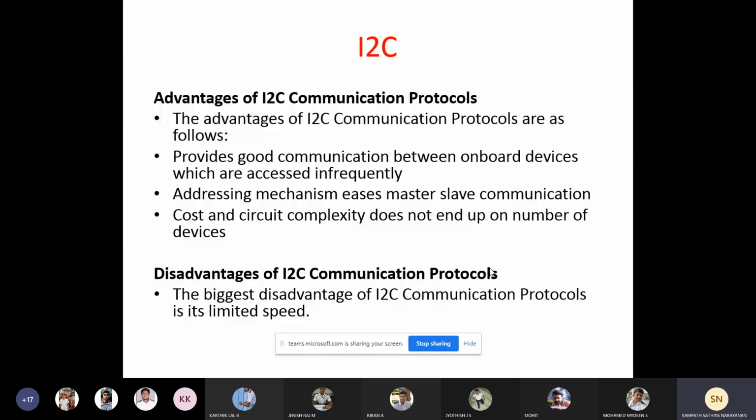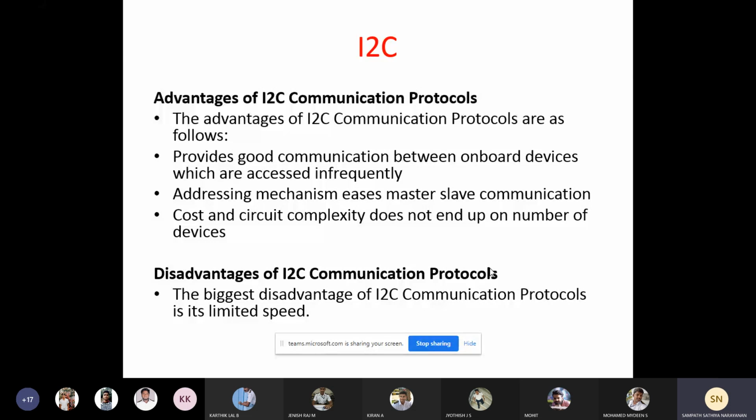Some basic advantages of the I2C communication protocol: I2C supports communication between the onboard devices which are accessed infrequently. The addressing mechanism is very simple, and so it will ease the master-slave communication. The cost and the circuit complexity do not depend on the number of devices.